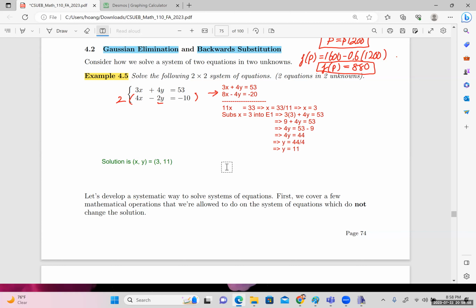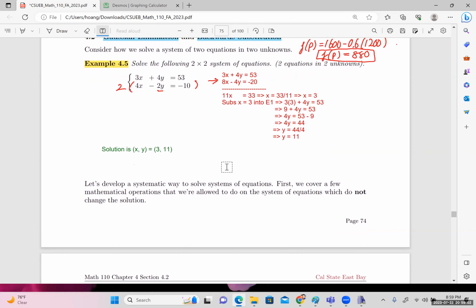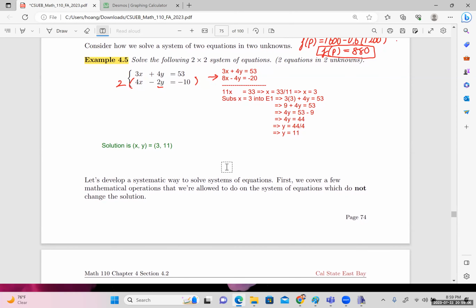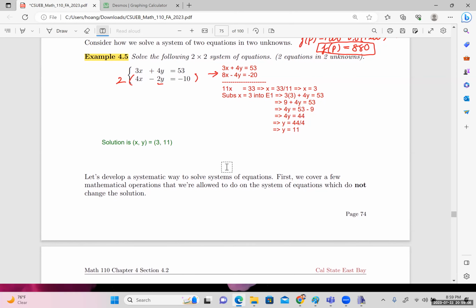Okay, so let's develop a systematic way to solve a system of equations. And we first cover a few mathematical operations that we are allowed to do on a system of equations and that do not change the solution.